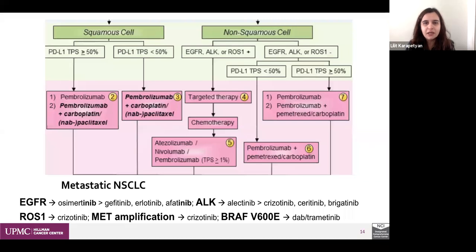So again, what your boards will ask, this is a busy slide, but I will walk you through it and highlight the questions you have at the mix-up. Now, if someone has non-small cell lung cancer, remember, there are two major subtypes, squamous cell and non-squamous cell, which is adenocarcinoma. The boards will ask you, someone came with adenocarcinoma, so it fits in this category. Do you see this? It says EGFR, ALK, ROS.